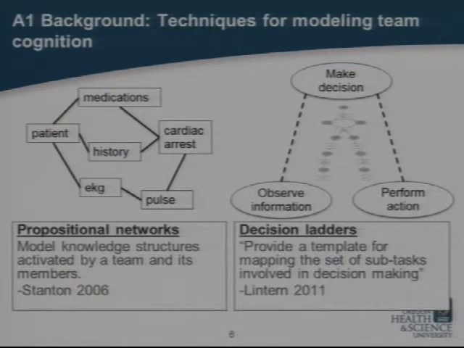Now, there's also another model that has typically been applied to different frameworks, such as the human information processing model, which is known as the decision ladder. The decision ladder basically identifies the series of cognitive steps that an individual goes through to make decisions about their task.